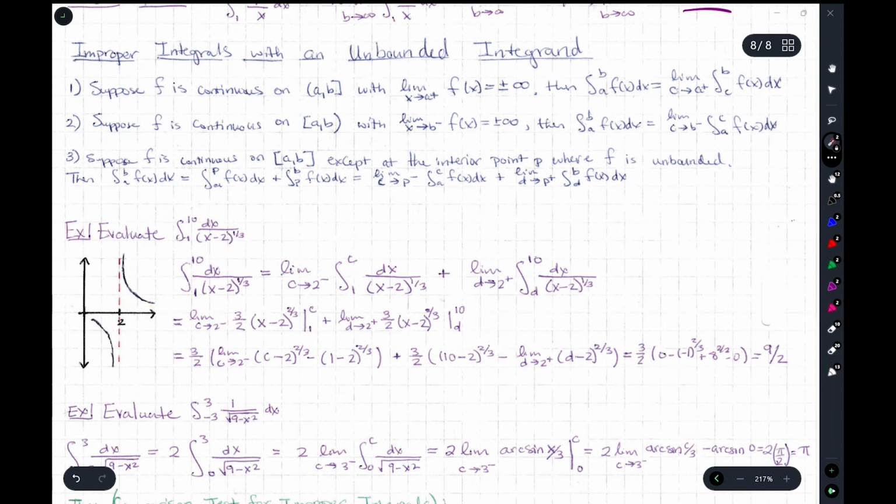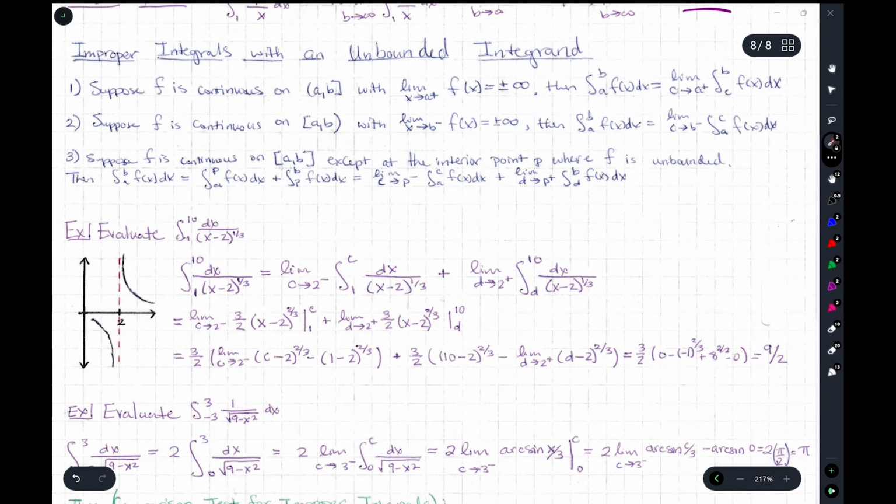So that's what's going on there, and we'll just leave that d arbitrary. So we integrate and we plug in c and d in our bounds, okay? And we take the limit as c approaches 2 from the left, and we take the limit as d approaches 2 from the right, and we end up getting 9/2.